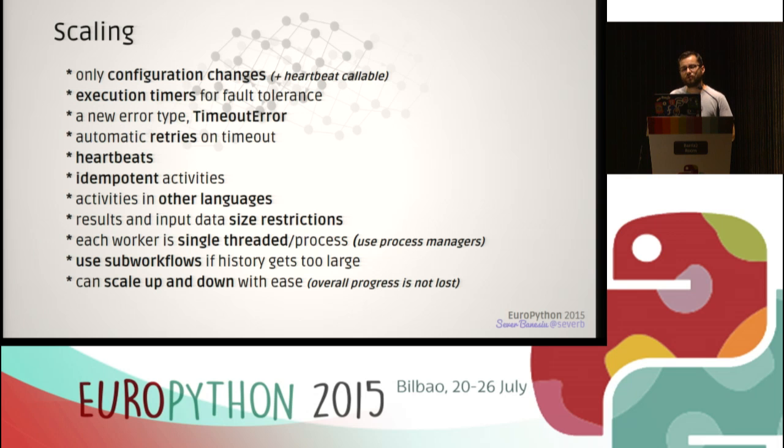There is also the notion of heartbeats, and the heartbeats are some callables that a task can call. When a heartbeat is called, it will send a message to the backend telling the backend that the current task is still making progress.